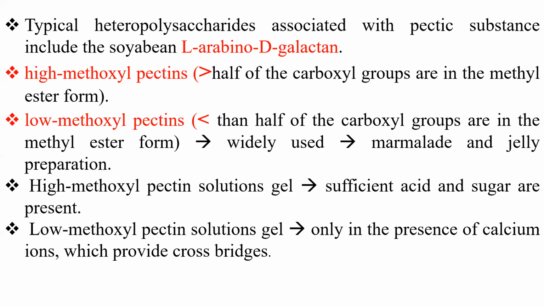High methoxyl pectin solutions gel in the presence of sufficient acid and sugar, whereas low methoxyl pectin solutions gel only in the presence of calcium ions, which provide cross bridges.